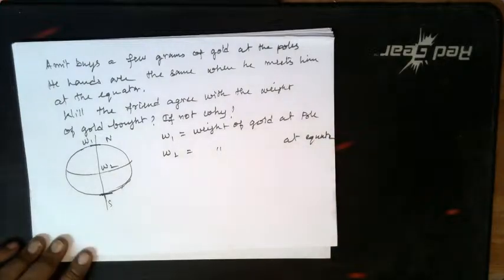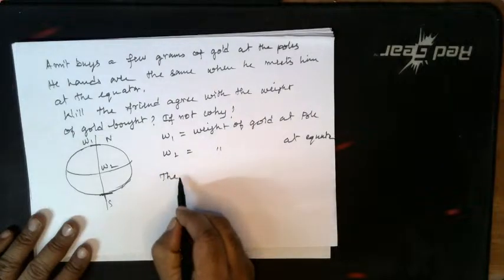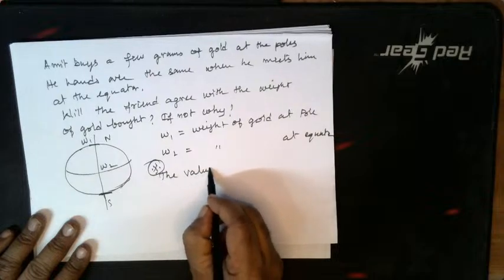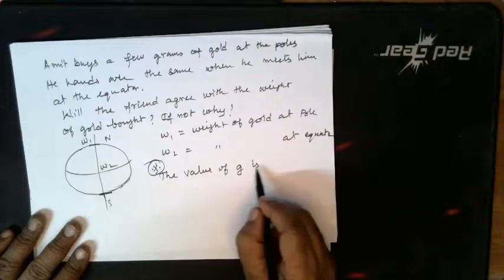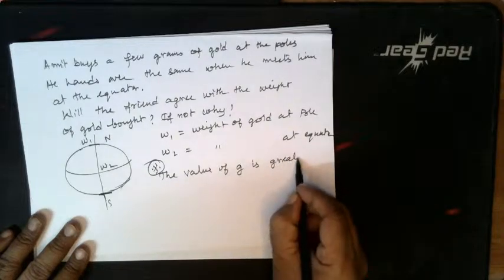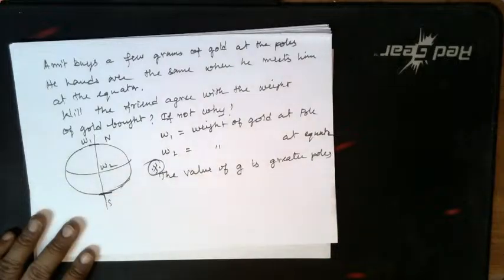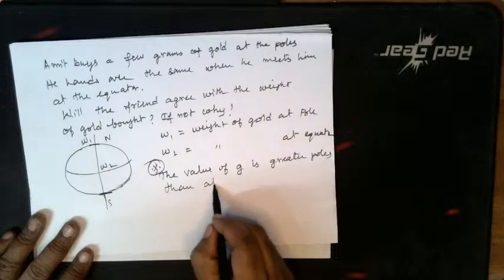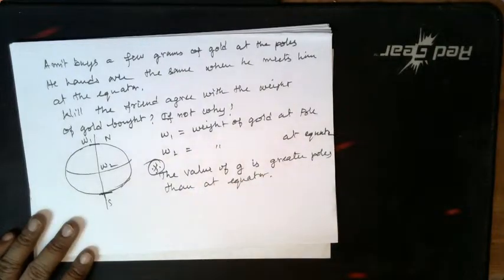Now the very important hint here is, take down, this is very important: the value of g is greater at poles than at the equator. Are you able to follow?